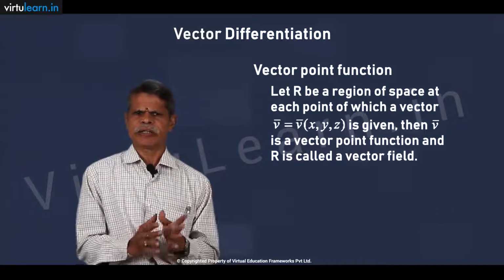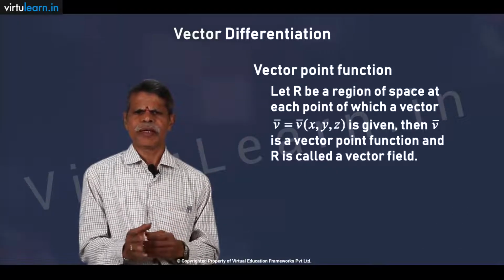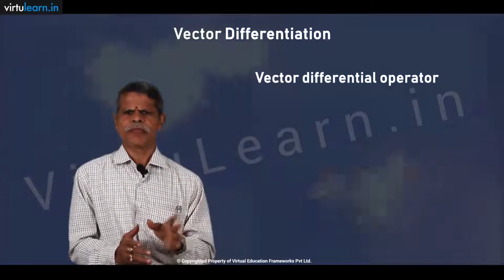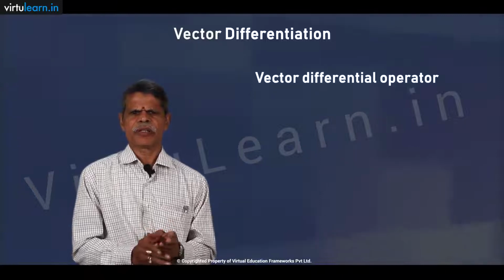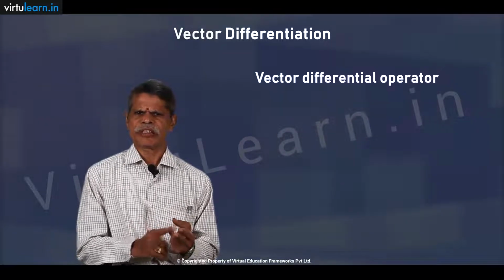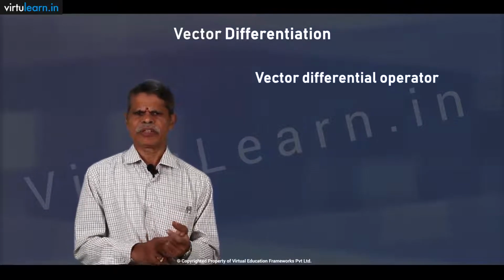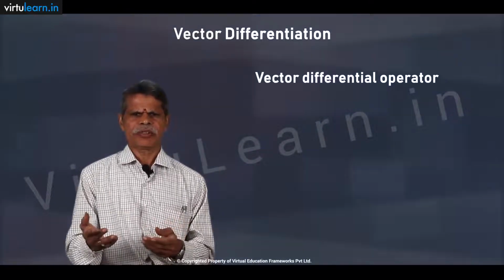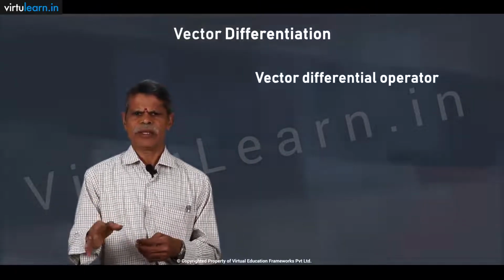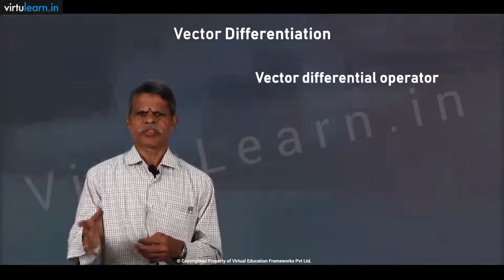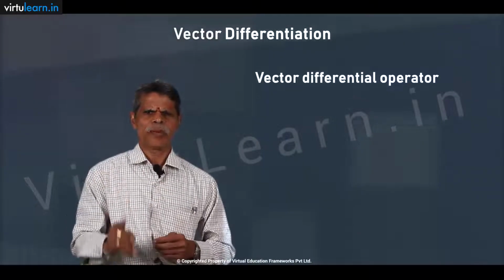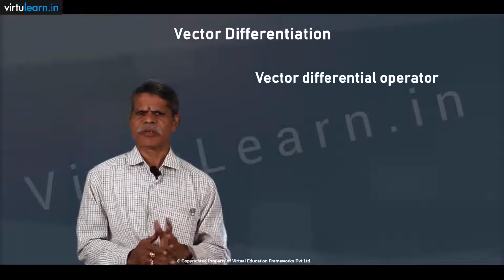Then we shall get introduced to an important vector differential operator. All of us know that if you have a function of x y z, you can think of differentiation with respect to x, derivative with respect to y, or derivative with respect to z. In this context, we come across the differential operators dou by dou x to denote the derivative with respect to x, dou by dou y to denote the derivative with respect to y, and dou by dou z to denote the derivative with respect to z.